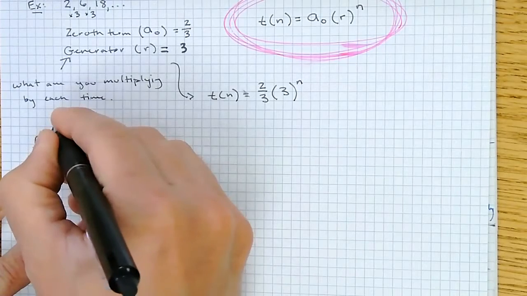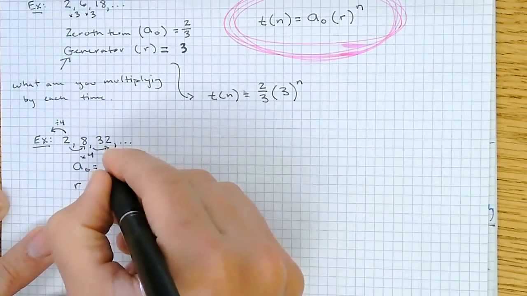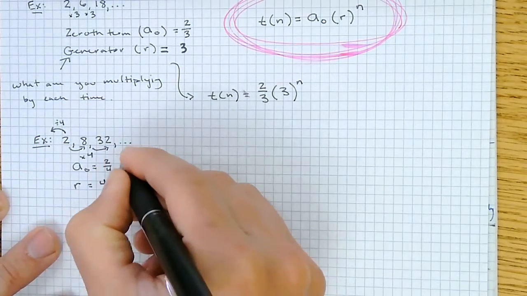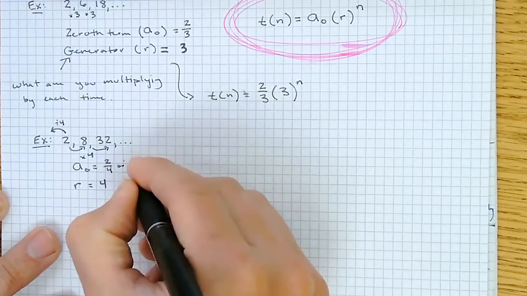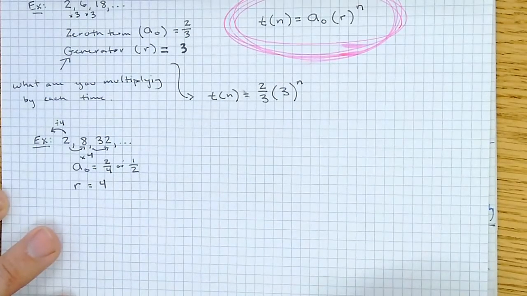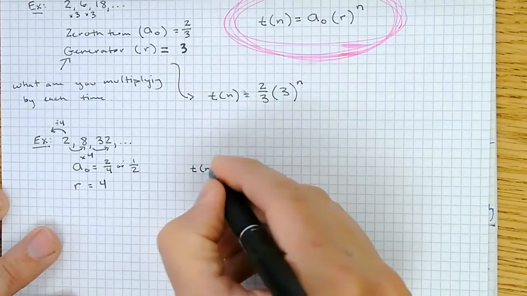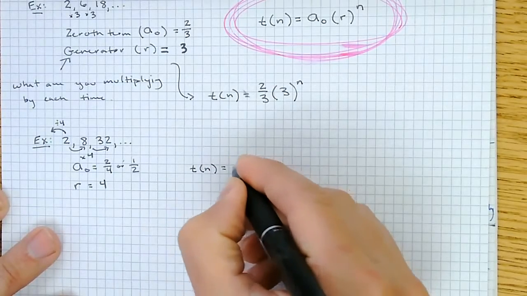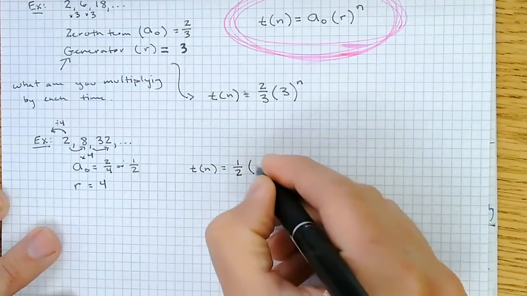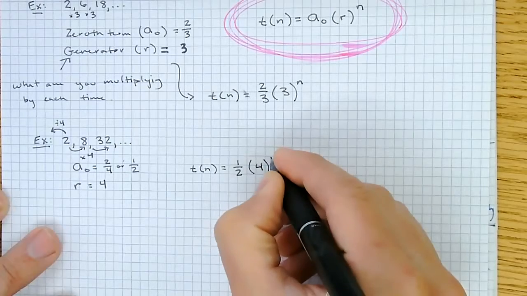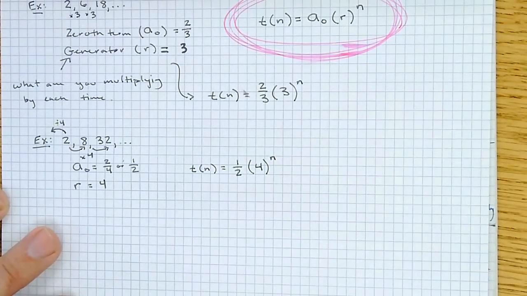We divide by 4, so we get 2 divided by 4, or just 1/2. So we get T of n equals 1/2 times 4 raised to the nth power.